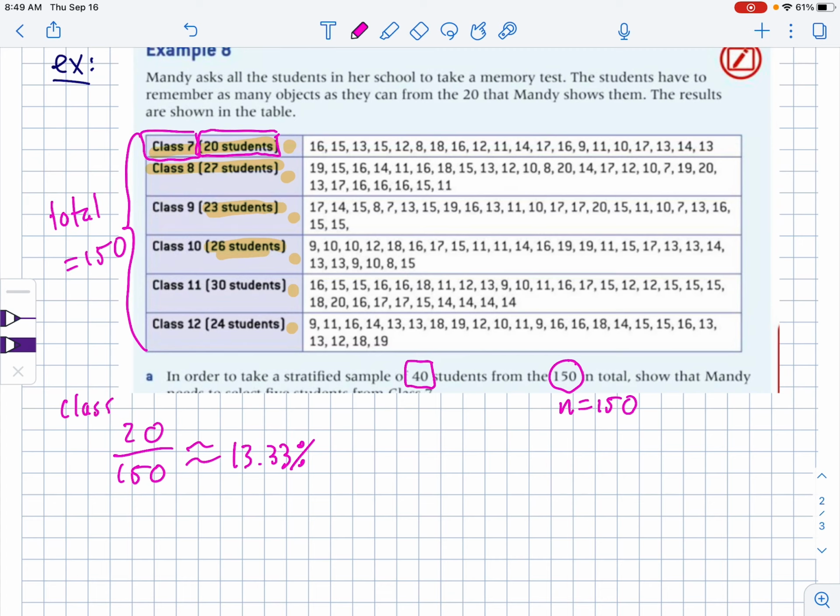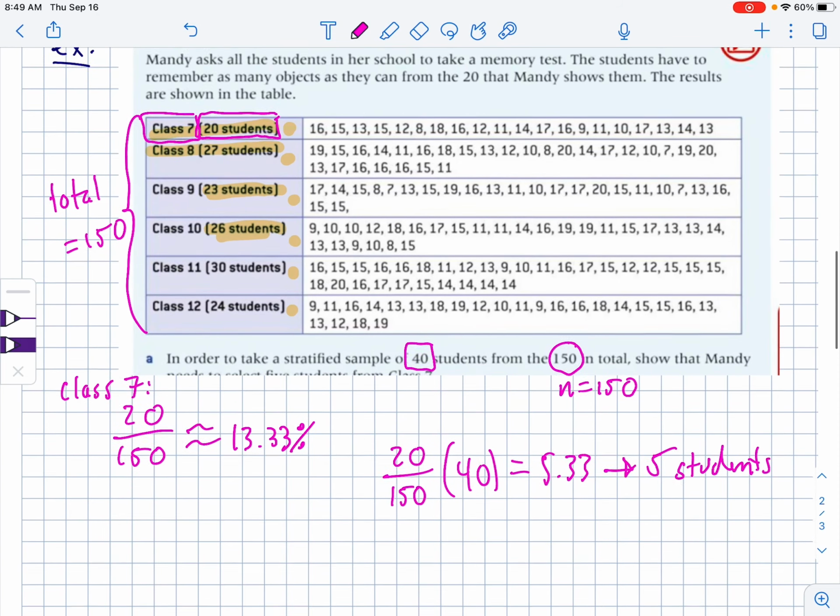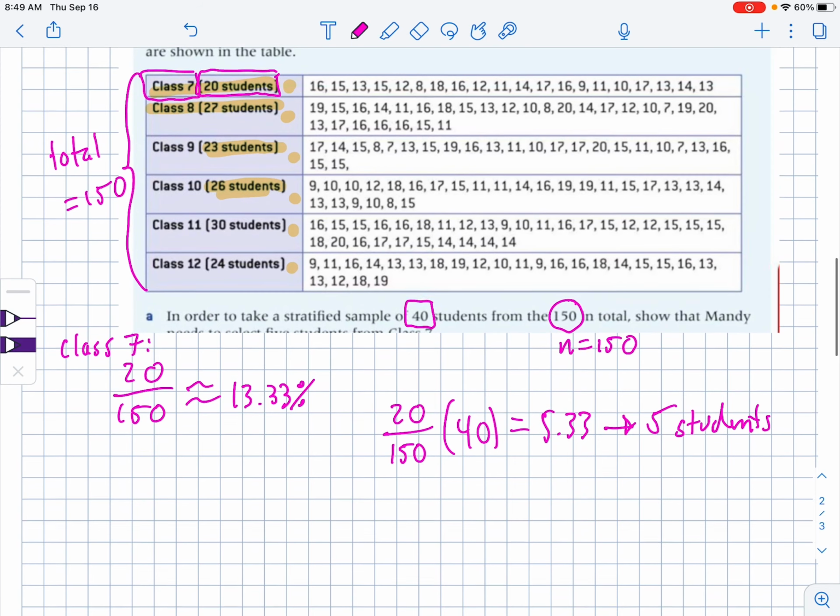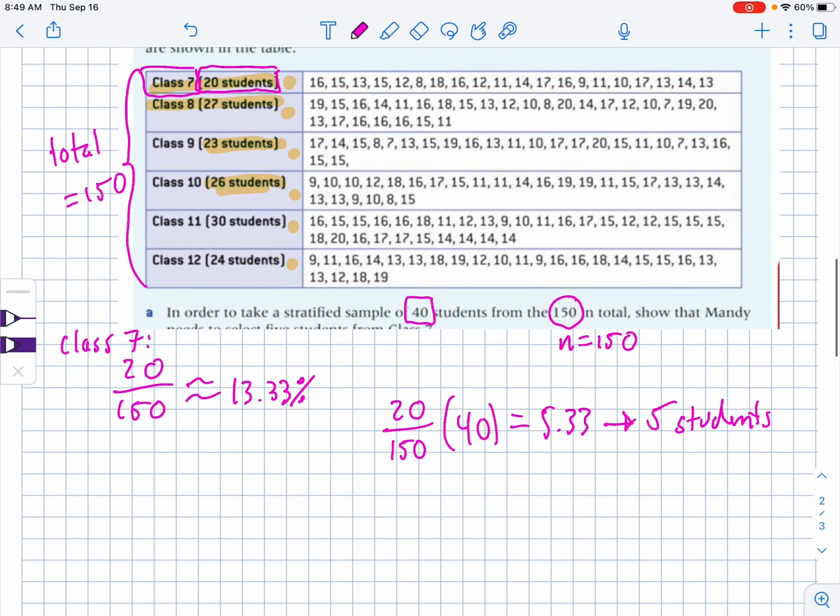So for class 7, instead of just using the percentage, we'll go 20 out of 150, which is the percentage as a decimal, and we'll multiply that by the 40. So this is 5.33, so we'll round that down to 5 students. So that's 5 students for class 7.